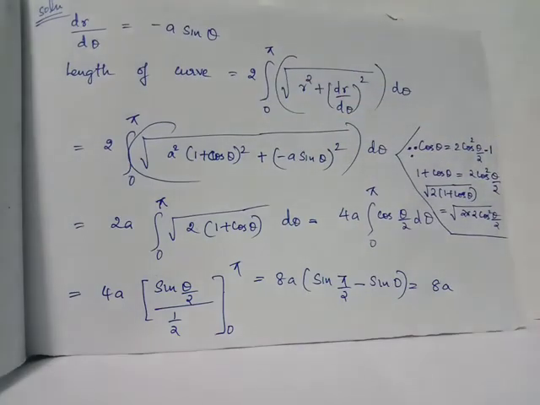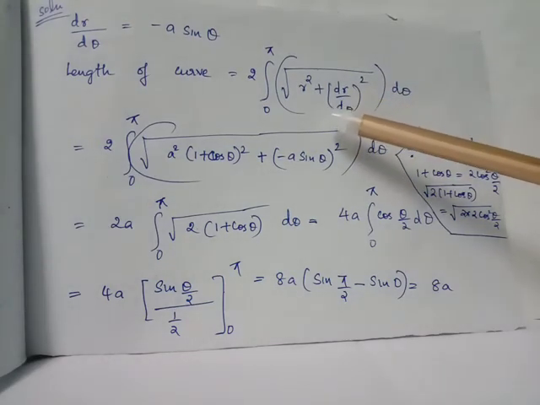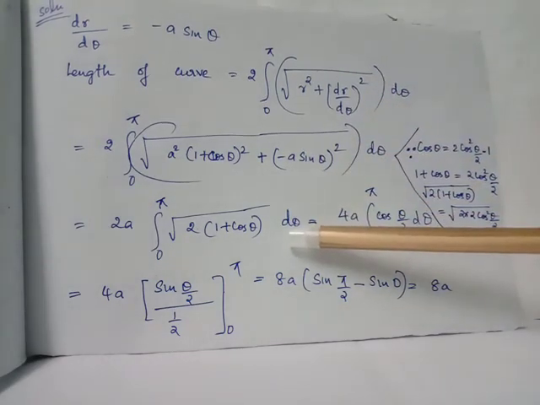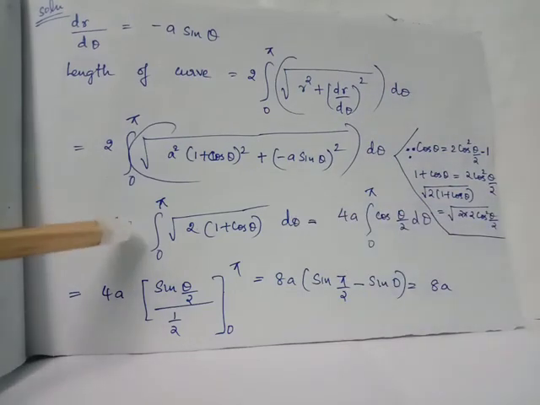This 2 was multiplied because we just evaluated the length of the upper curve, and in this case when you evaluate the length of arc AP, we need not multiply 2, so only this expression is to be evaluated. Hence the steps will be reduced in the same format without 2 being multiplied.